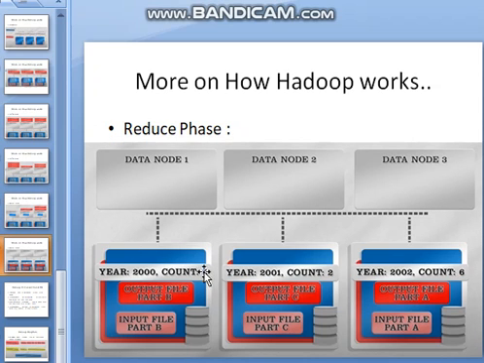So the year 2000 is present 4 times in the file, in data node 1, and in data node 2 the year 2001 is present 2 times, and the year 2002 present in data node 3 is 6 times.